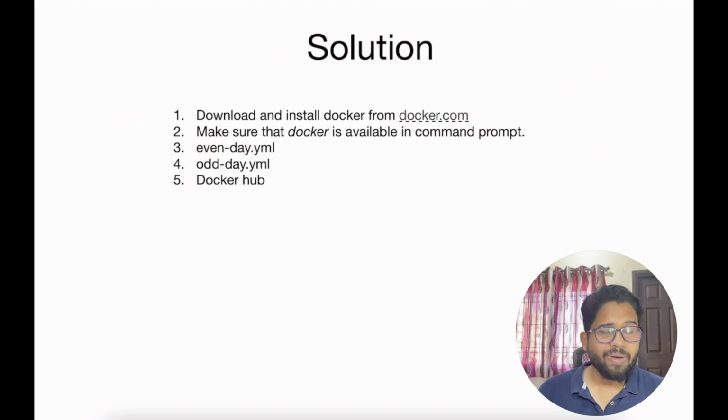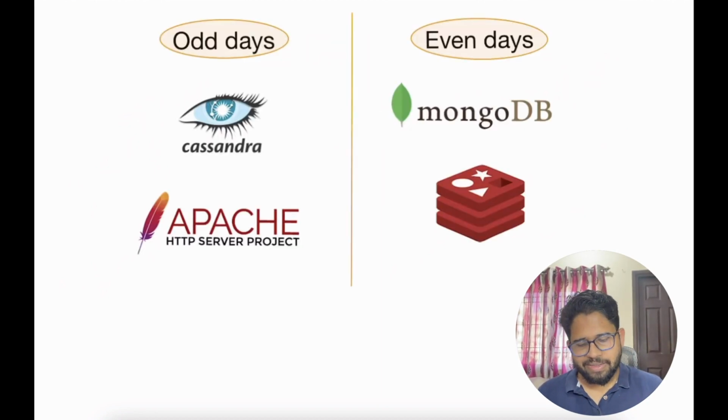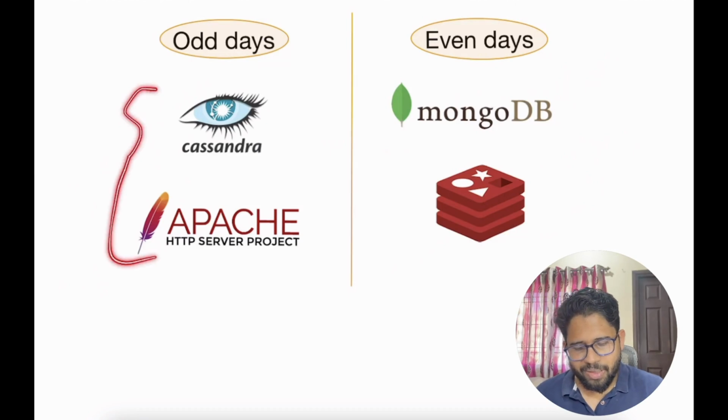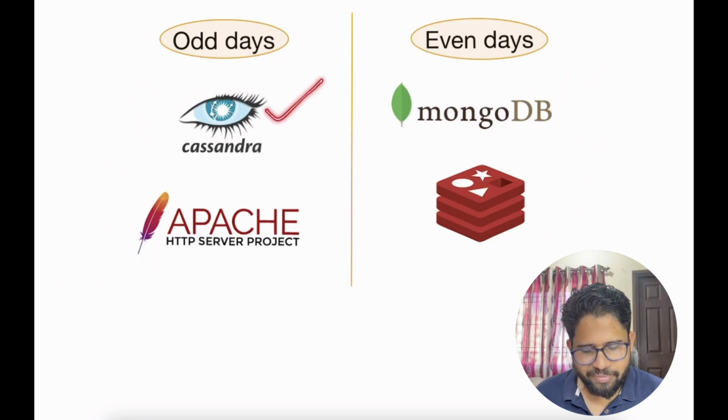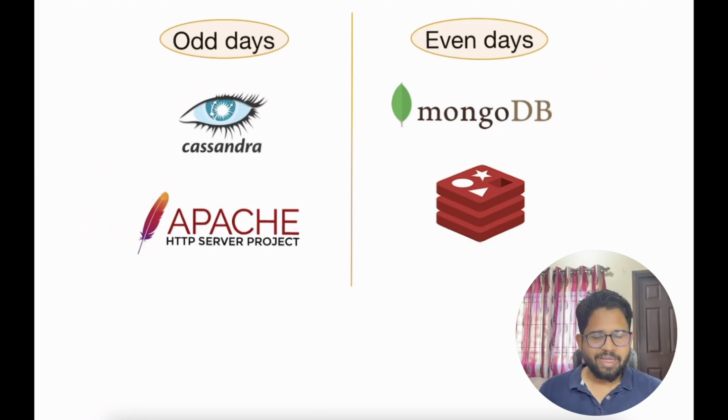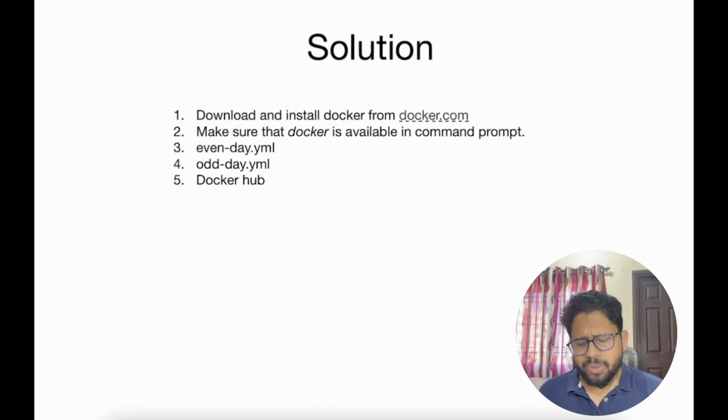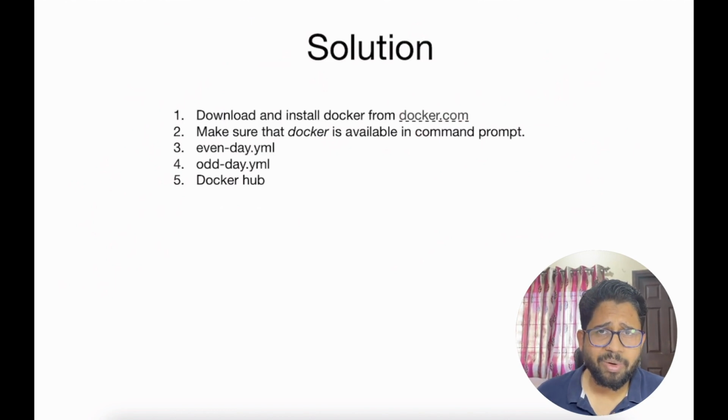It will be essentially the docker compose command, and it will download all the dependencies. That is, it will download Cassandra, it will download Apache HTTP server and run it for you. So it will be all about writing one single YML file, and then you can run them on your machine.